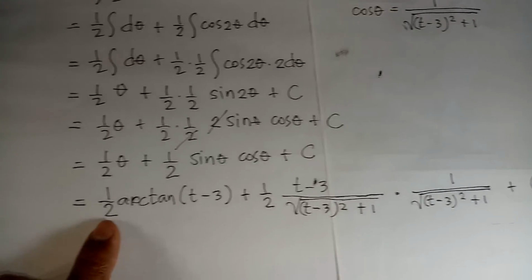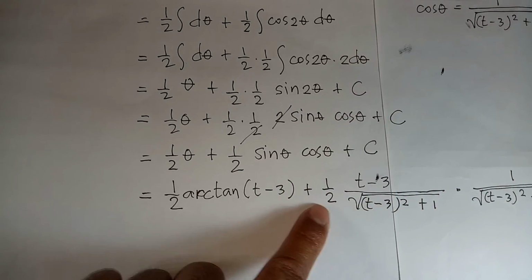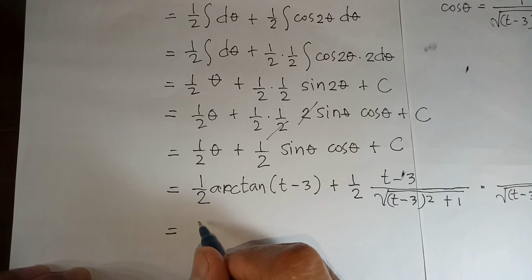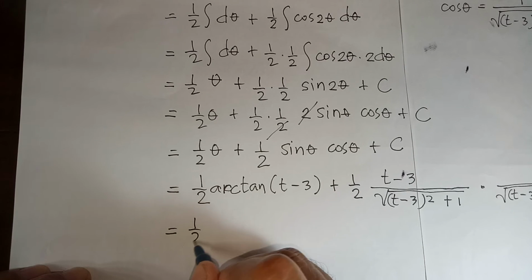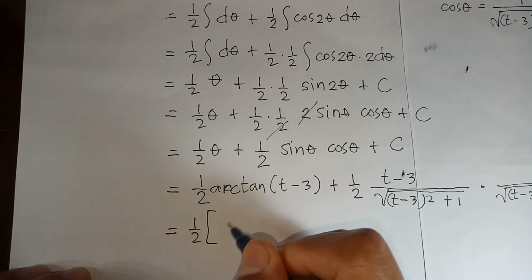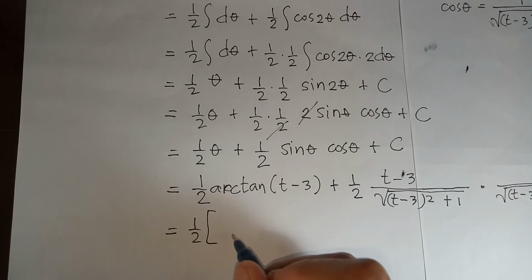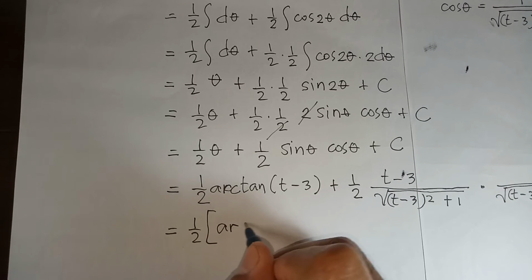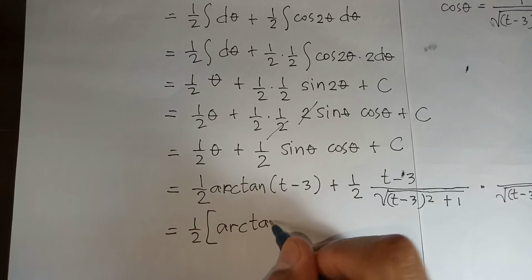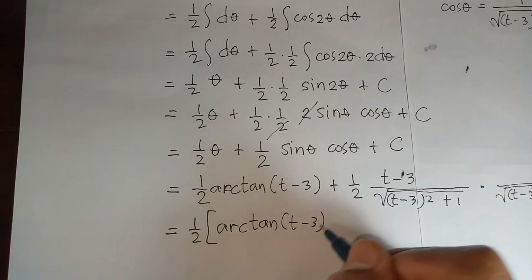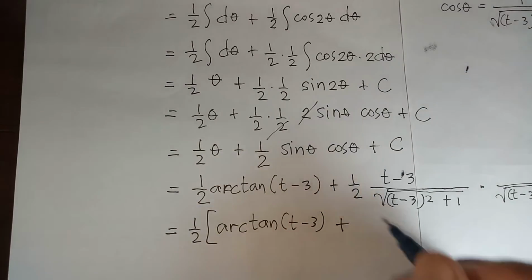Okay, so yung common factor natin ay 1/2. Labas natin yung 1/2. So natira dito arctangent of t minus 3, and then plus.